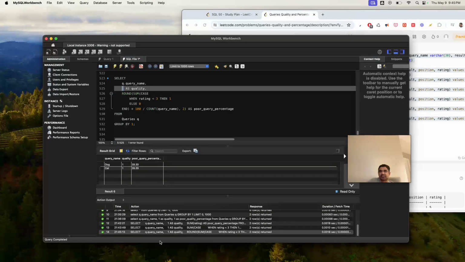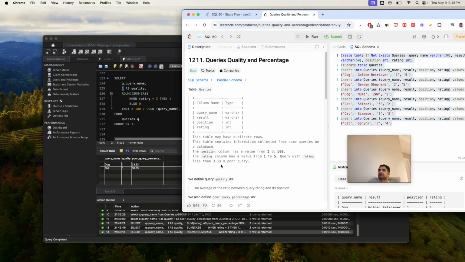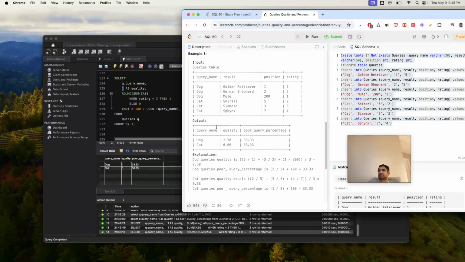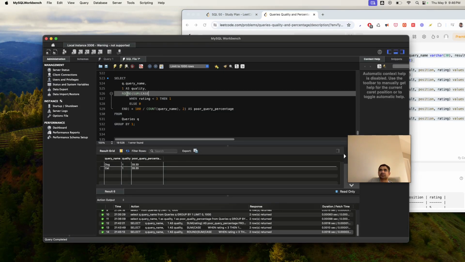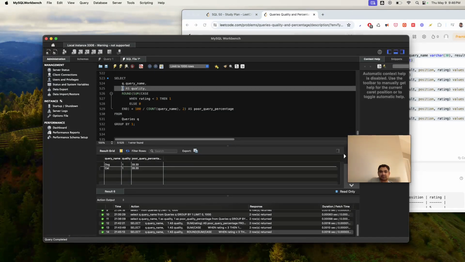Let me check what exactly the result needs. So in the query you need 5 by 1 rating divided by position, and you need to sum and divide by how many. So that part is fine. So again, we should have a rounded answer.